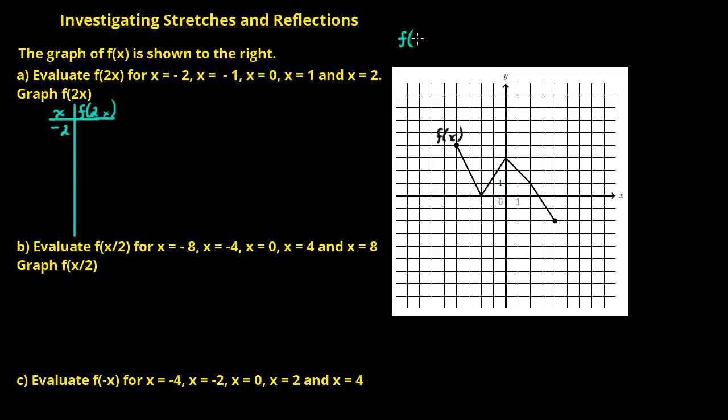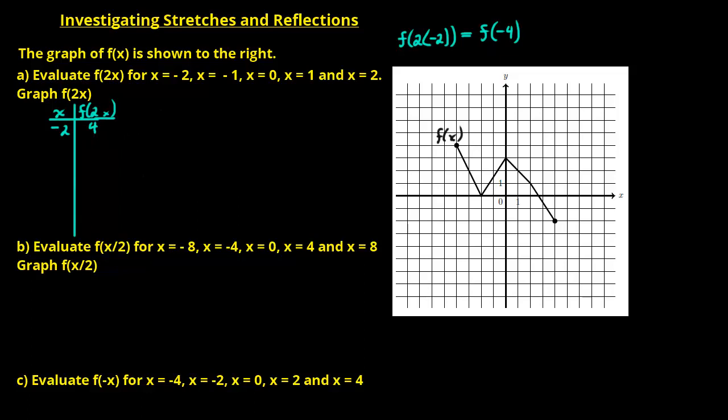I want to evaluate f of 2x when x is negative 2. This is the same thing as evaluating f of negative 4, because 2 times negative 2 is negative 4. When x is equal to negative 2, f of 2x is f of negative 4. Evaluating f of negative 4, we get positive 4.